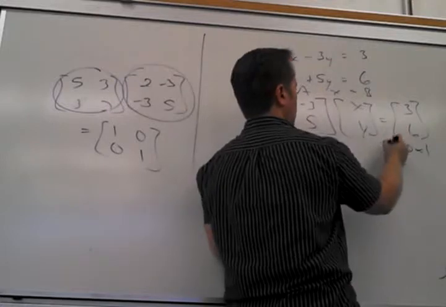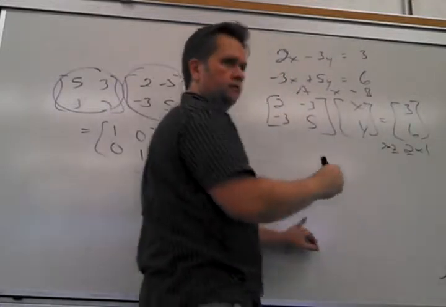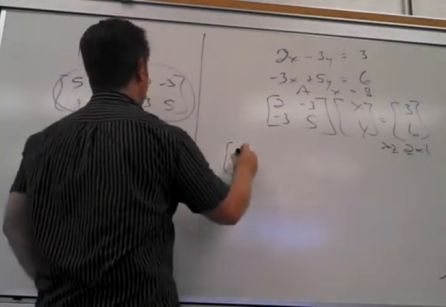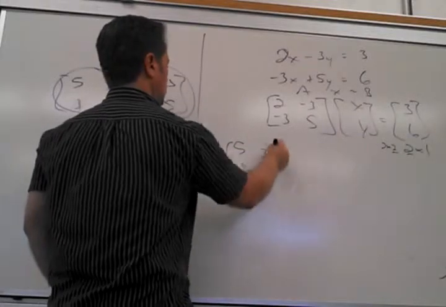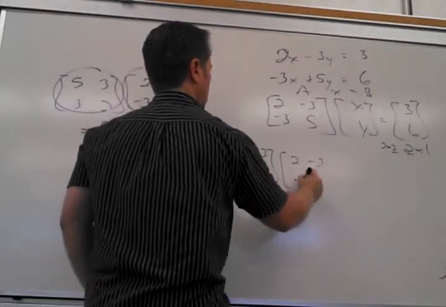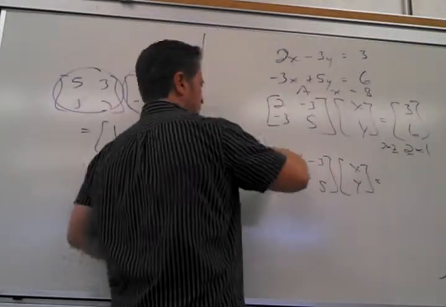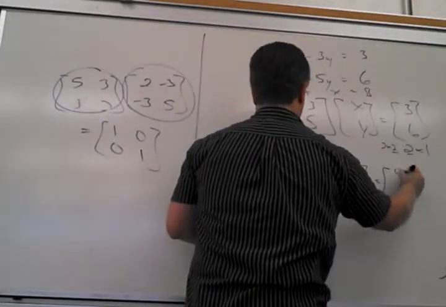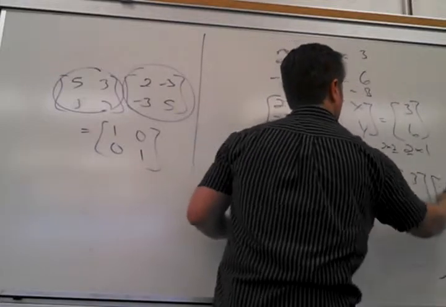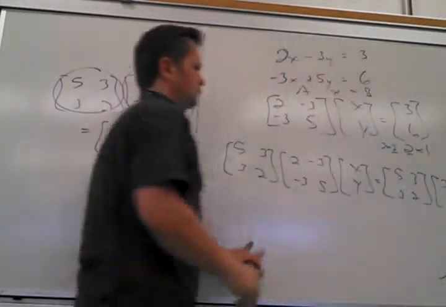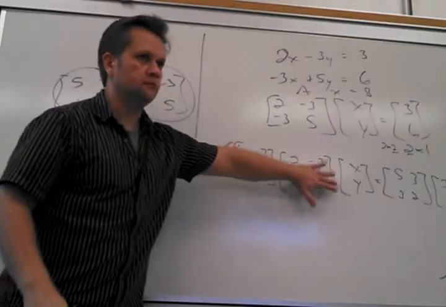So if I put the 2 by 2, I've got to put it in front so they match up. All right, so if I multiply this side by 5, 3, 3, 2, I have to multiply the other side in the same position.